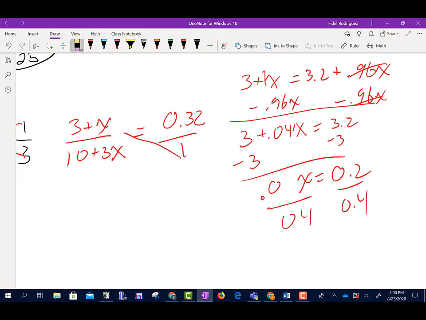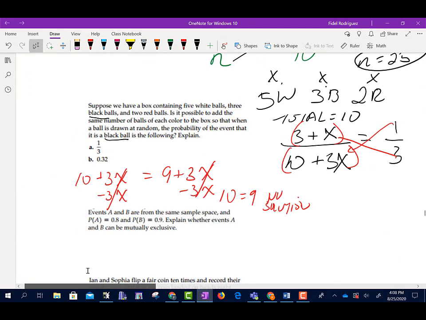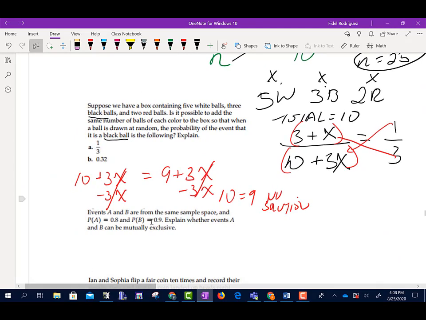Sorry about that. And we came up with x is equal to 5. So we could add 5 of each color, and then the probability of getting one that would be black would be 0.32, right?